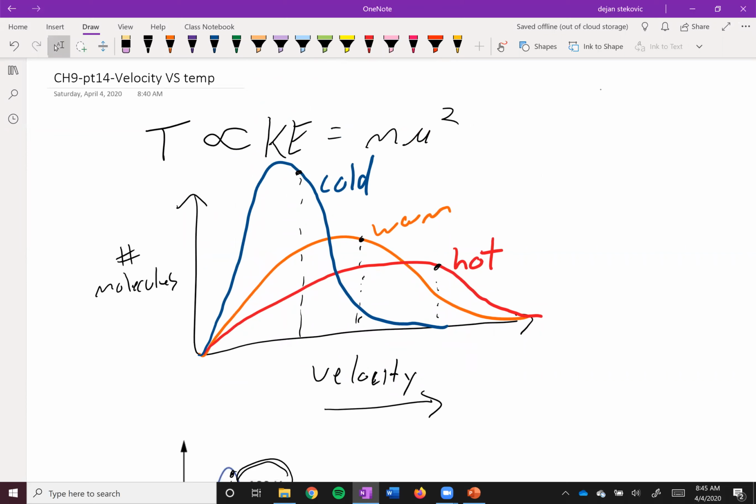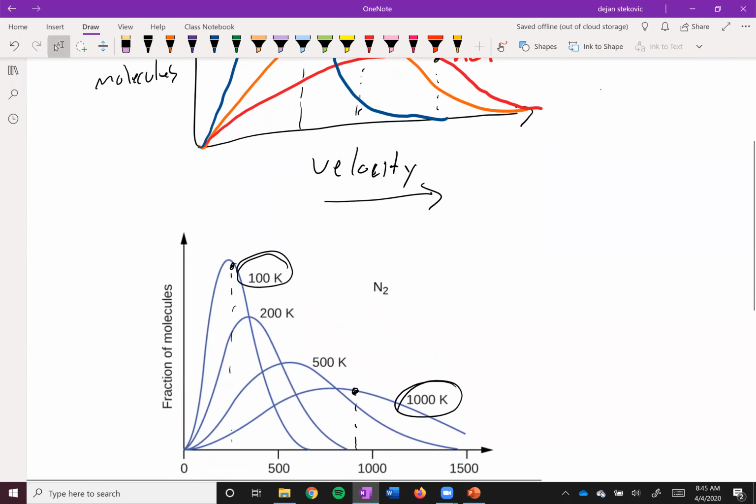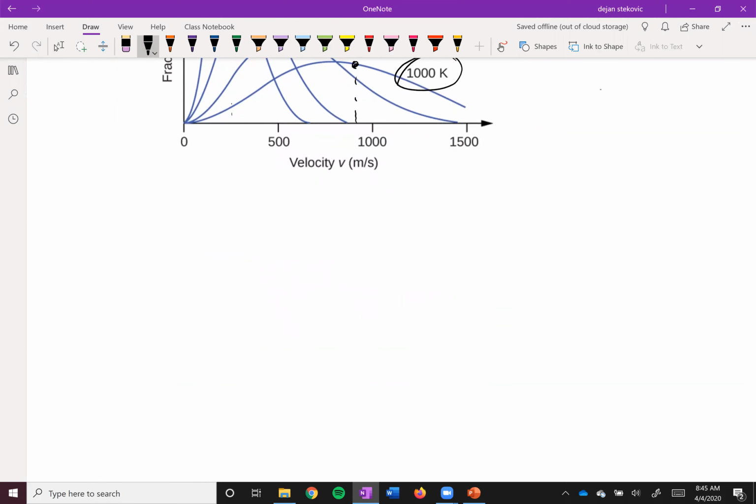So temperature is proportional to kinetic energy. Kinetic energy depends on mass as well. So let's take a look at what happens when you have stuff at the same temperature. What do the velocities look like?